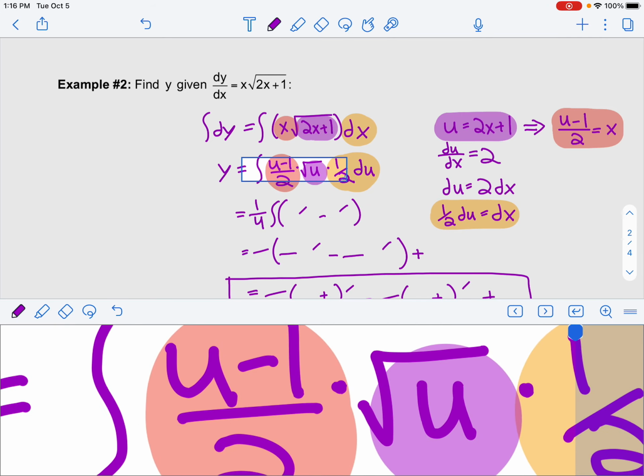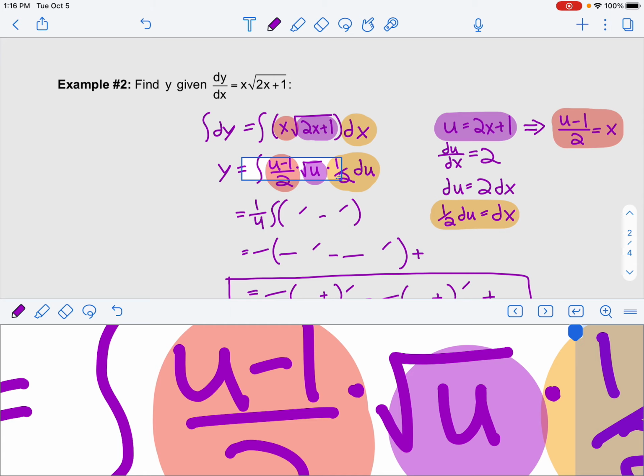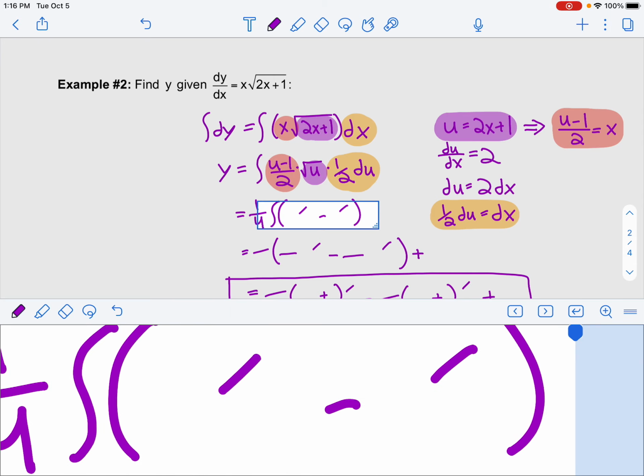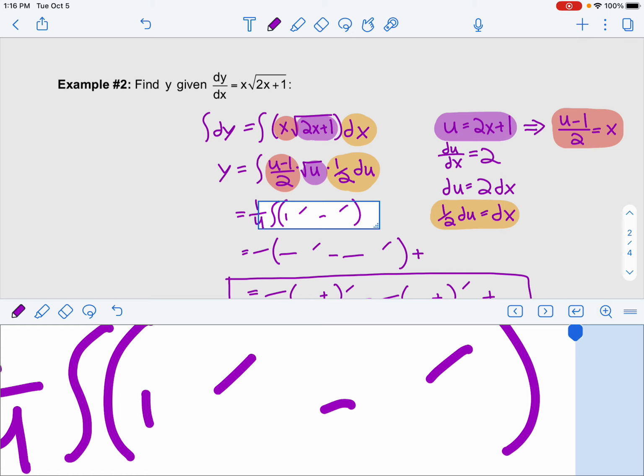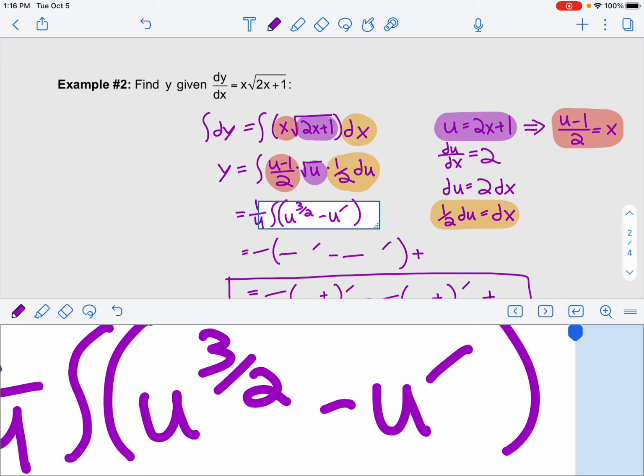Now I can distribute root u, or u to the 1/2, into u minus 1. If I do that, I get u to the 3/2 minus u to the 1/2 du.